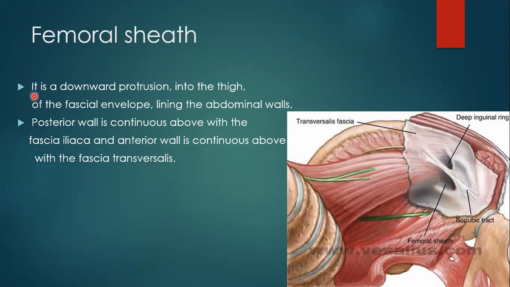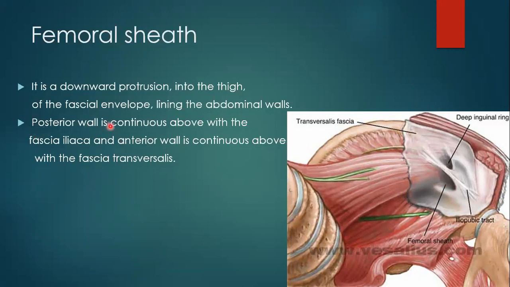Femoral sheath. It is basically a downward protrusion into the thigh of the fascial envelope lining the abdominal wall. This is basically the inside view of the abdominal cavity. Here you can see these are the abdominal wall muscles, and this is the fascial covering of these muscles, which protrudes into the thigh and forms a sheath known as the femoral sheath.